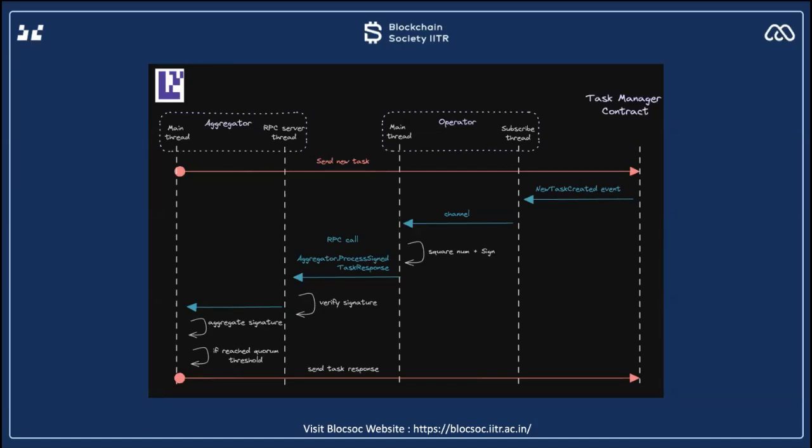And if it reaches a quorum, because let's say that only one of these operators responded, right? You're not going to say that this task is done and verified when only a single operator has given you a signature.